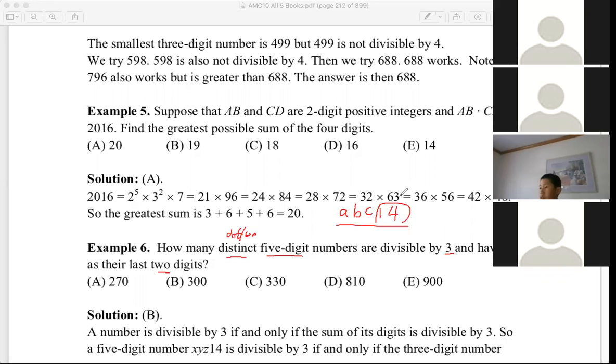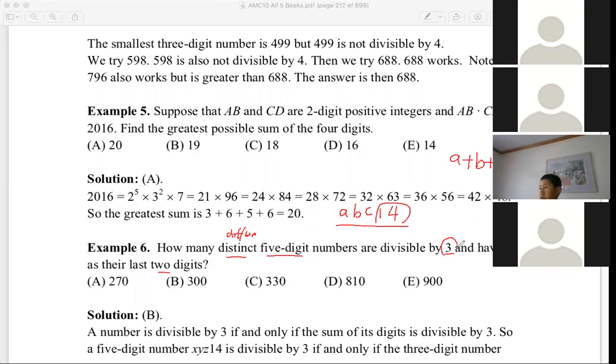So that means if you add A plus B plus C, when you divide it by 3, the remainder should be equal to what? Because the sum of these 5 digits should be divisible by 3, right?